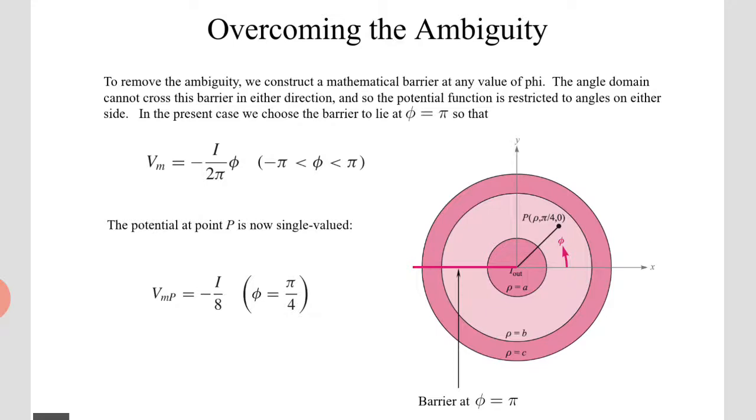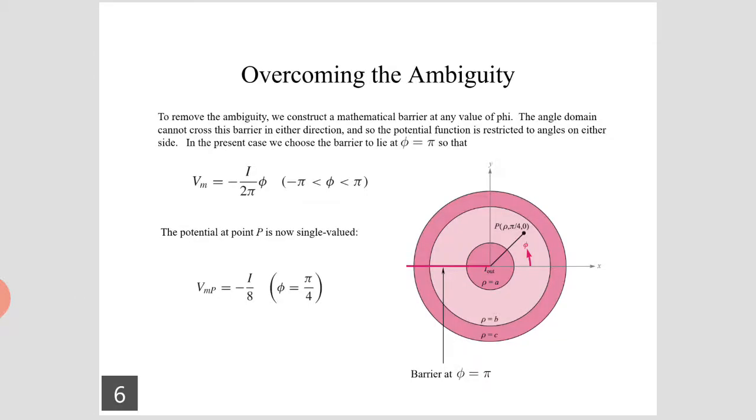So we have discussed the definition of scalar magnetic potential, the ambiguities in it, its value for the coaxial transmission line, and how to overcome the ambiguity.